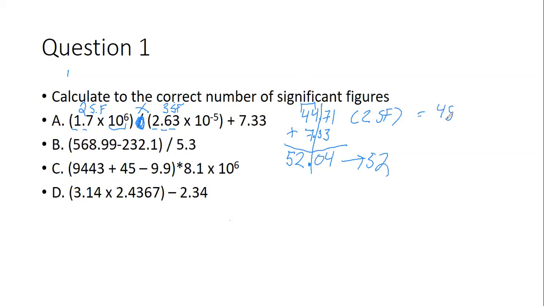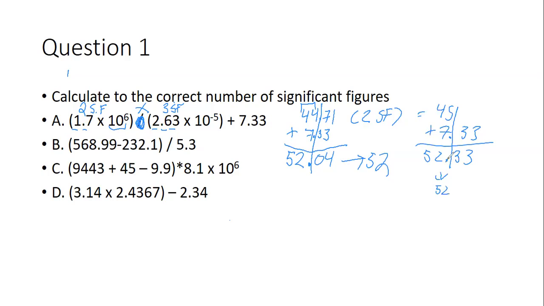And so I'm going to round that to 45. Then I'm going to add that to 7.33, and I'm going to add those together. So I'm going to draw my line, and I will get 52.33. Here, you'll actually get the same answer. You'll get 52. So no problem there.